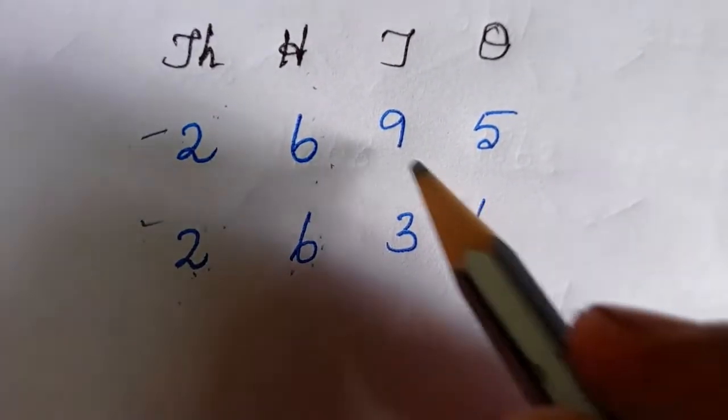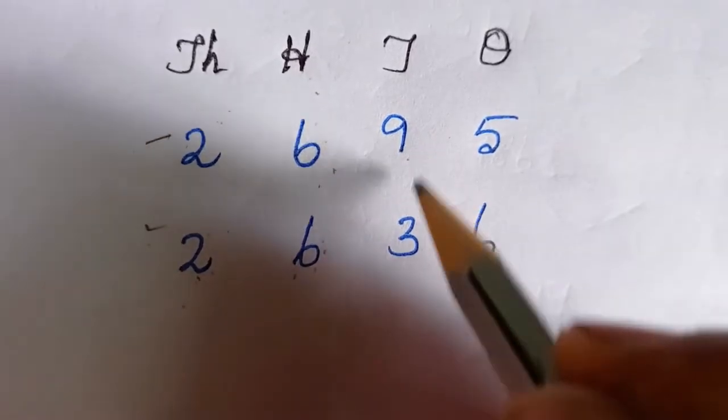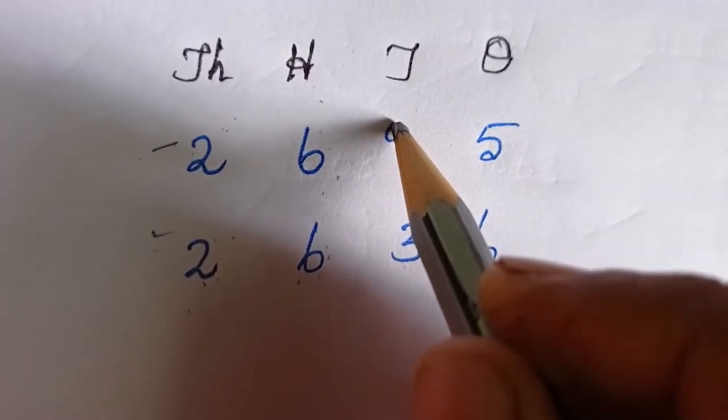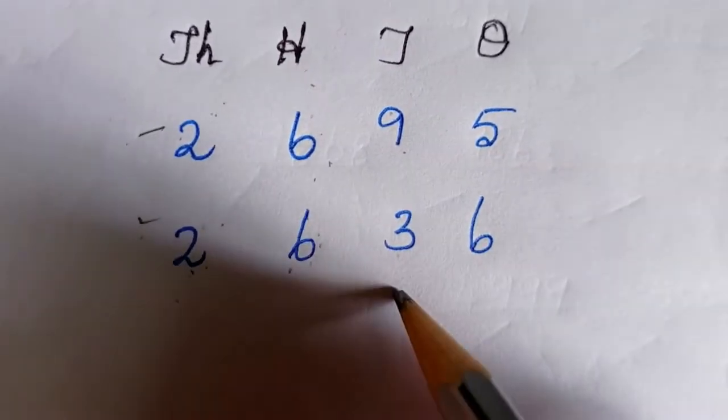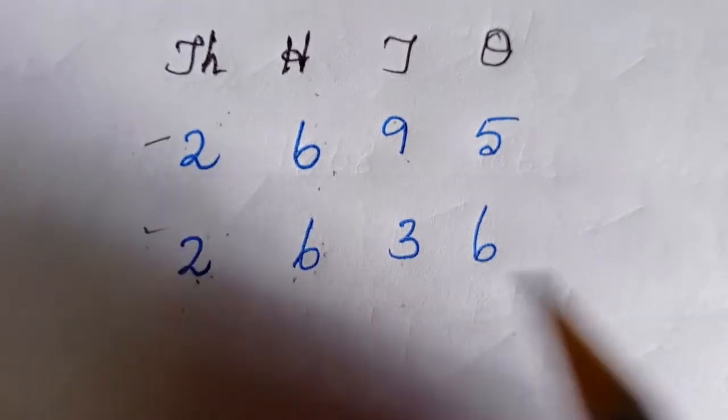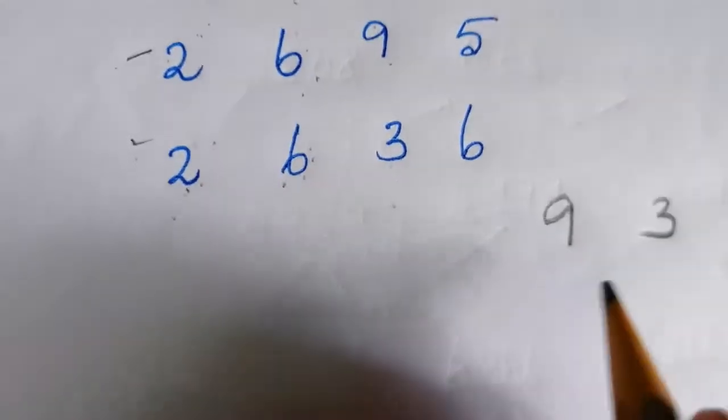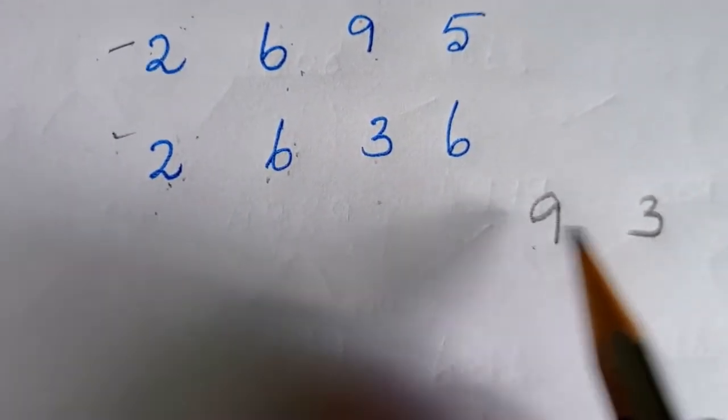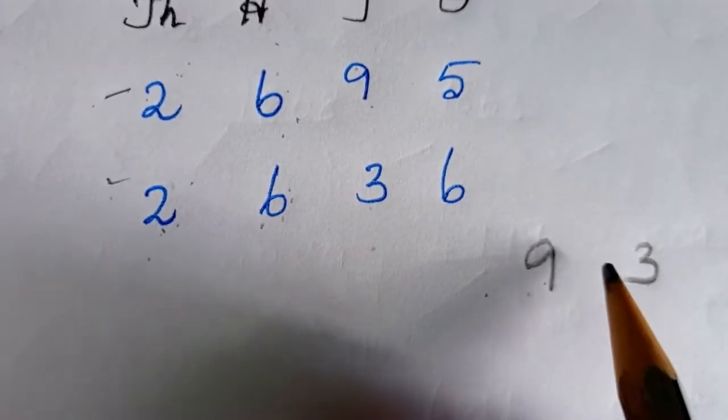Here the tens place value for the first number is 9 and the tens place value for the second number is 3. So 9 and 3. Which is greater, 3 or 9? 9 is greater.